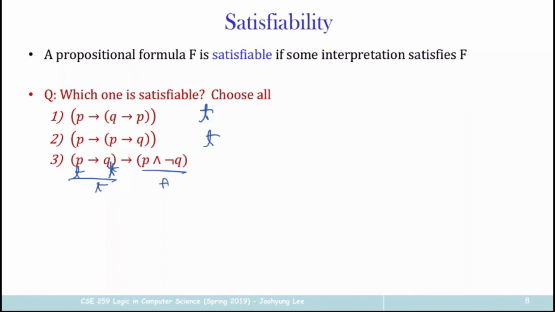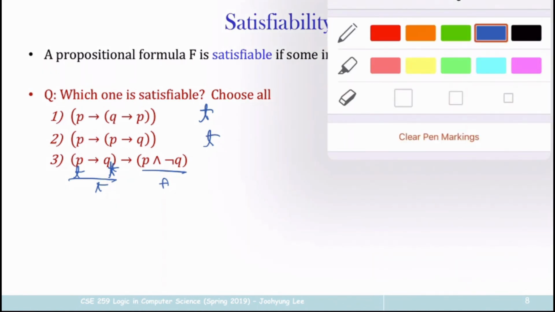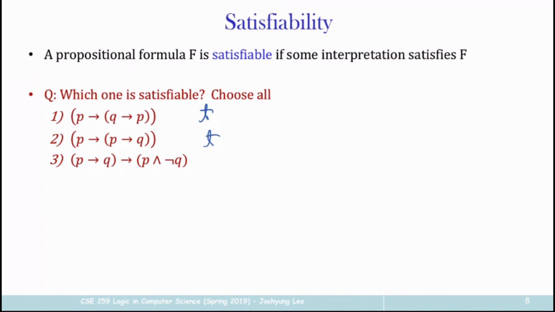So if you make Q false now, P is true, Q is false, this guy is false, and false implies anything is true. So we found one interpretation that makes it true.